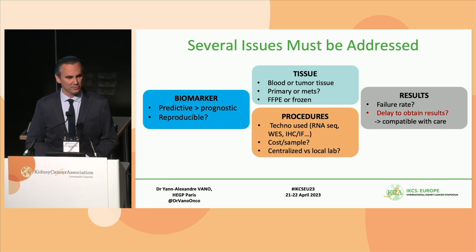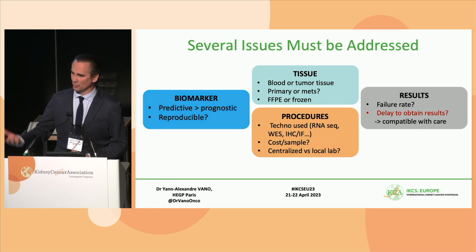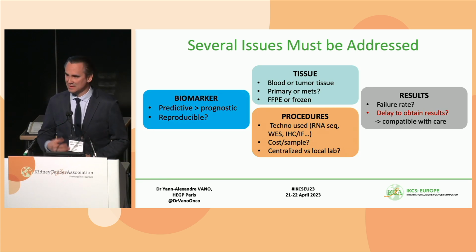We have to think about the procedures, which technology will be used: RNA sequencing, a gene panel, a limited gene panel. What is the cost per sample? Do you need a centralized analysis, or could you do it routinely in the local lab? And for the results, we have to anticipate the failure rate, because when you include patients, you have to know how much we miss to identify the right biomarkers.